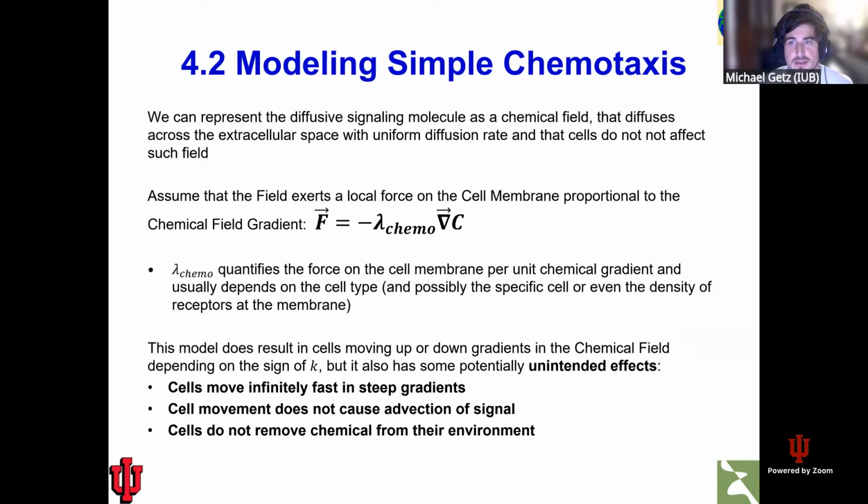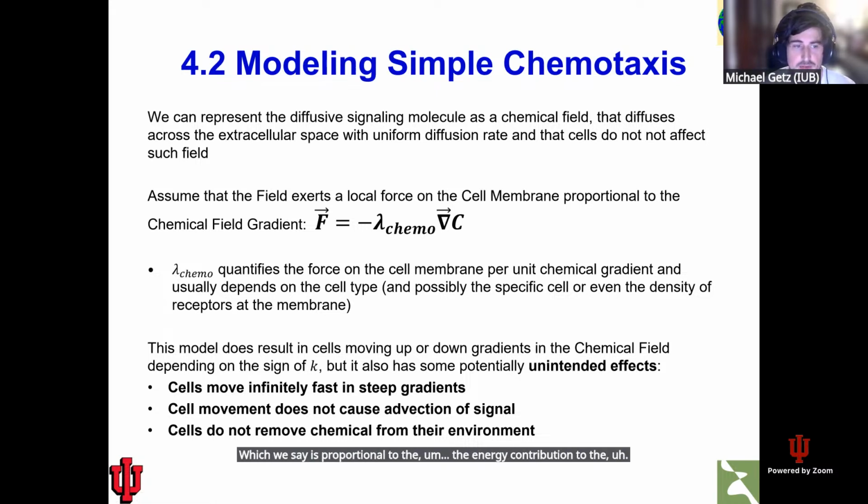How exactly we model chemotaxis in CompuCell is that we use, similar to the previous section, an instantaneous dissipative force, which we say is proportional to the energy contribution to the Hamiltonian, which is just the energy field itself.